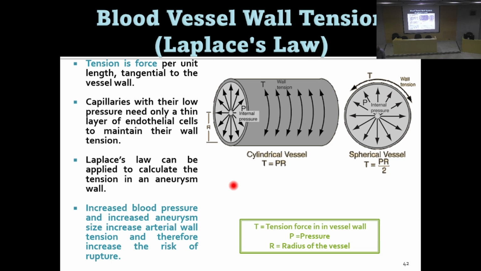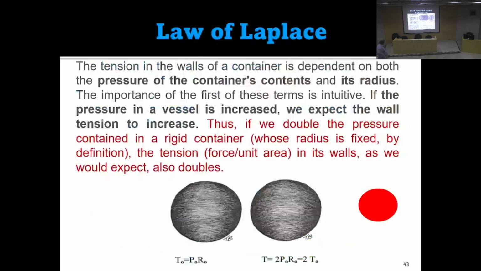So if pressure is getting high, T is getting high, and then there could be a rupture here. Okay, you understand how physics can put things together.